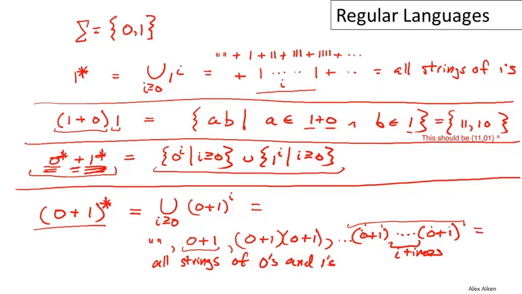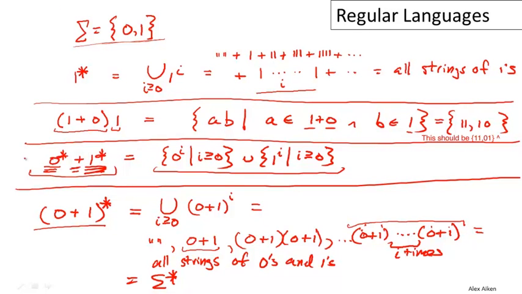If we look back at our alphabet, it only consists of 0 and 1. And so this is the set of all strings that you can form over the entire alphabet. And that has a special name. When you have a regular expression that denotes the set of all strings you can form out of the alphabet, we write that as sigma star. Just meaning all the strings of the alphabet iterated as many times as you like.